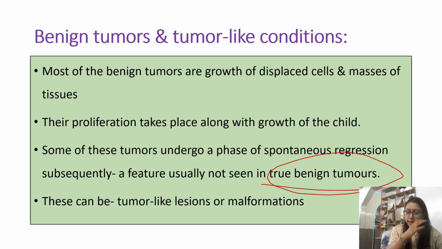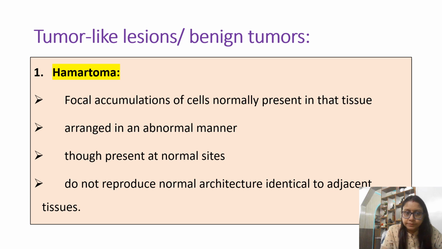In a benign tumor, once the tumor has formed, that is a proper tumor. It's not malignant. It does not have features of malignancy. But the features of benign tumors will remain. But tumor-like conditions behave like tumors but they regress spontaneously. That is why we call them tumor-like lesions or malformations.